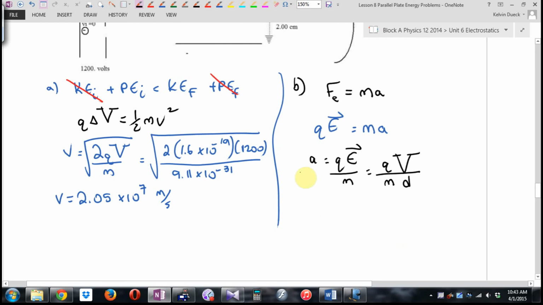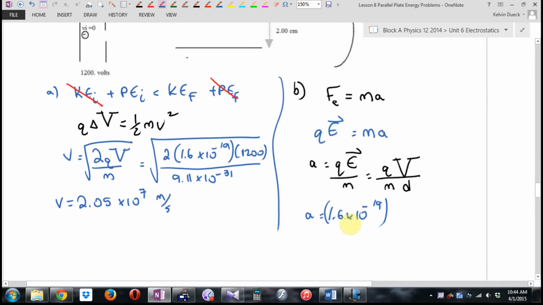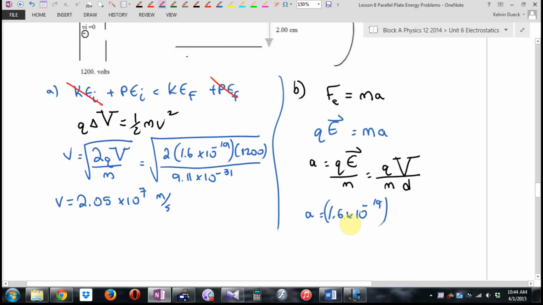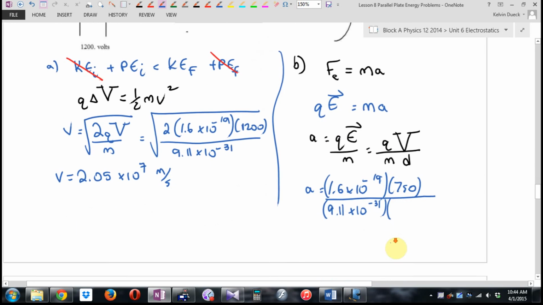The acceleration: Q, it's an electron. Which voltage? The deflecting voltage, not the 1200, the 750. By the way, this is why TVs also took a lot of power. Mass, it's an electron. Which distance? The 0.02. How far apart they are, not the 5.